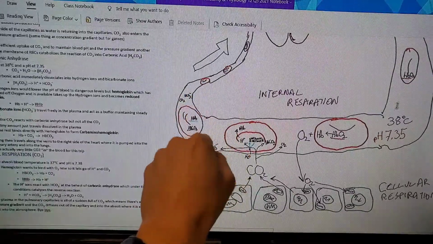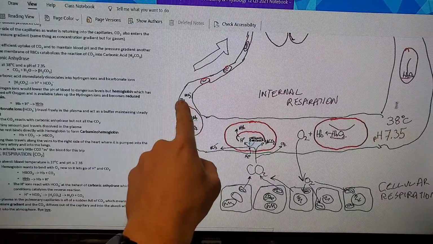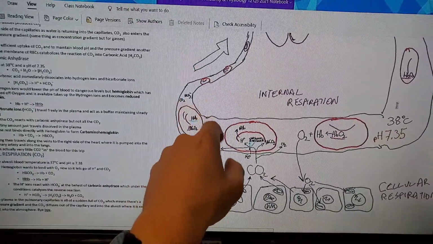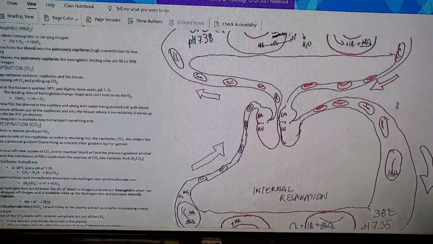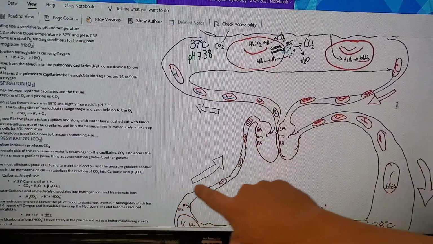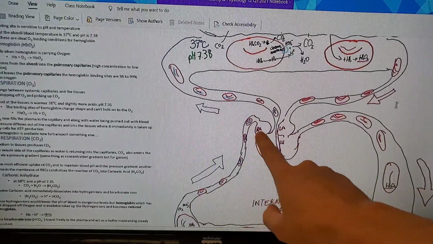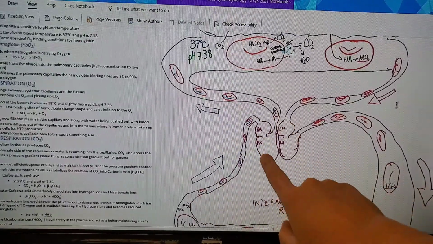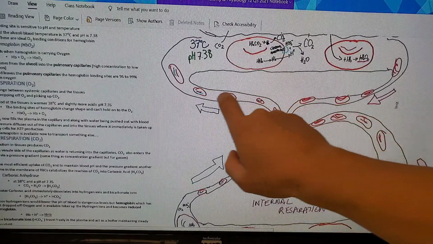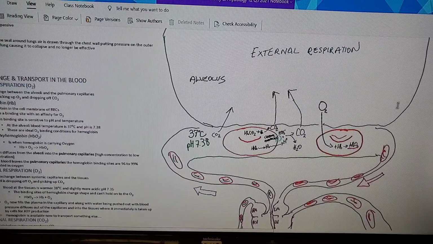So there's going to be a lot of buffer bicarbonate, a lot of HHb, some HbCO2, and very little CO2. And they travel. Now they're in the veins. This is deoxygenated blood traveling in the veins towards the heart. They enter the right atrium of the heart, then the right ventricle into the pulmonary circuit, and now they are back into the lungs.